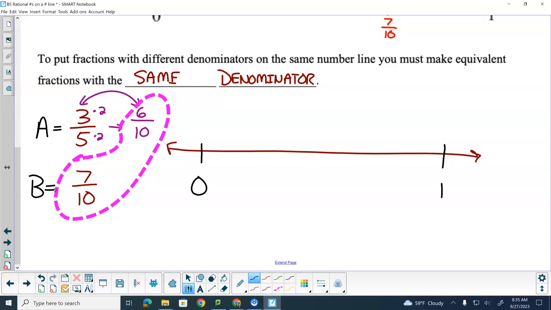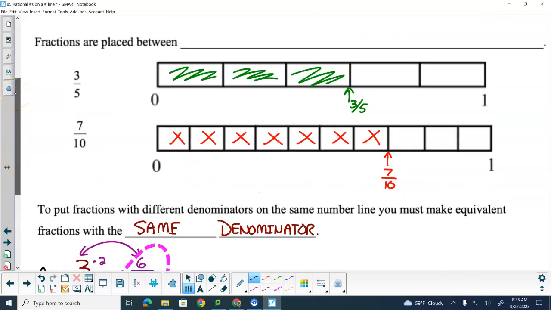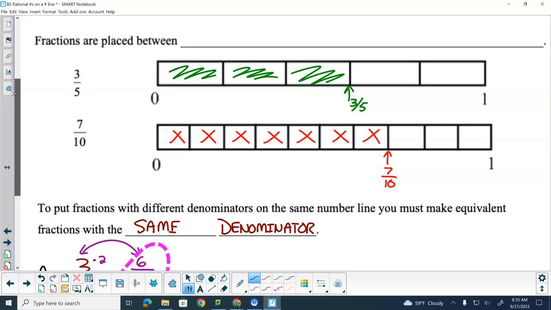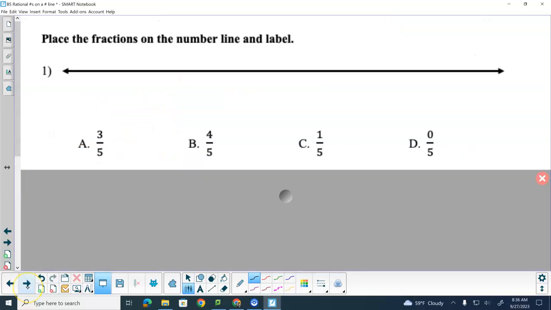Okay. So that means on this, I would say that A is here and B would be there. You can see that in the shaded part too. That A is left of that one. Okay? Clear as mud. Love it.